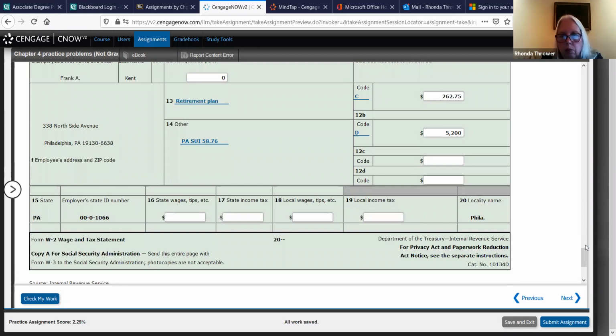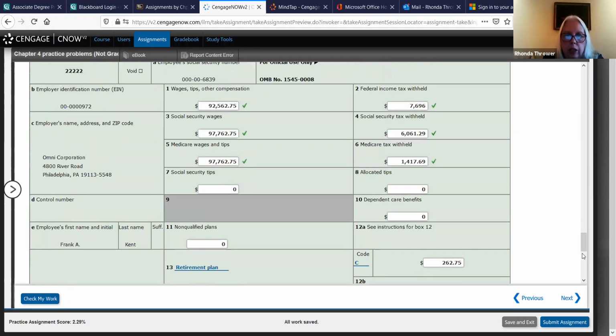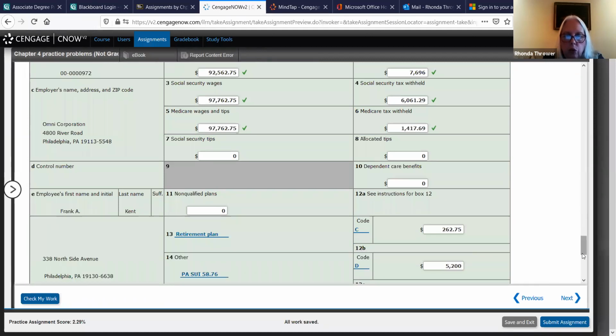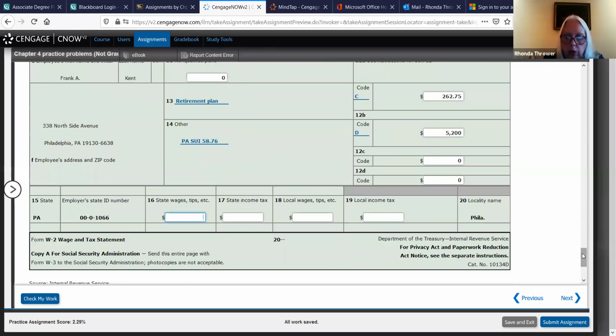And then there was nothing else that would have gone in here for line 12. We've got 13 and 14 filled in. So then you'll go to the state wages, tips, etc. And that's going to be the same as your Social Security wages, 97,762.75.